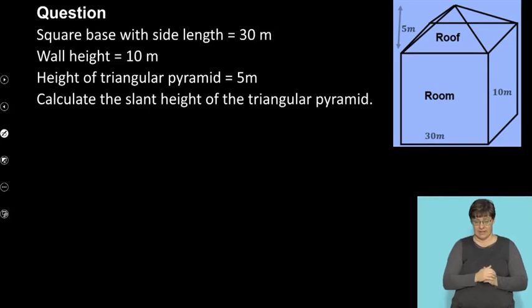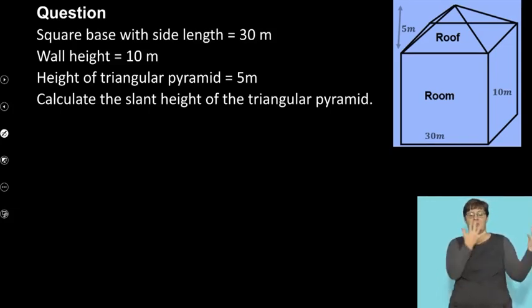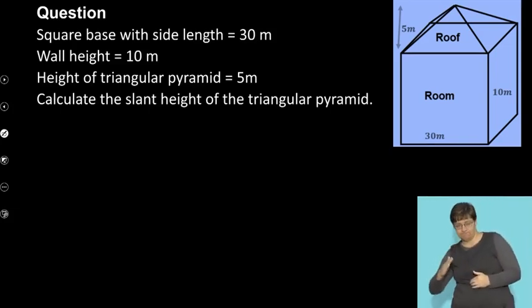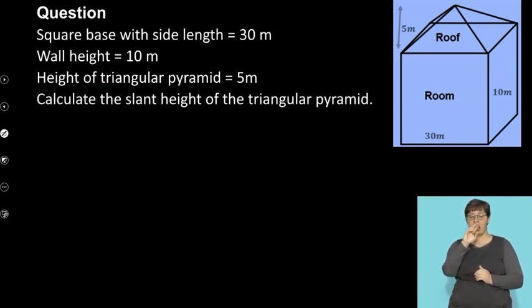So let's look at A. We need to calculate the slant height of the roof. And the slant height refers to this particular height. So the height of the slanted triangle, I need this height. So this is my slant height. So the square bases each have a length of 30 meters.